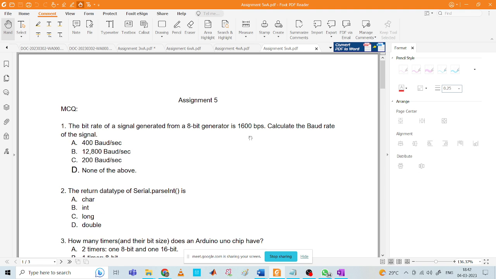400 baud per second, sir. Are you sure? Yes, sir. Baud rate equal to bit rate by number of bits per second, sir. So by using that formula, we can get, sir. So is it 200 or 400?